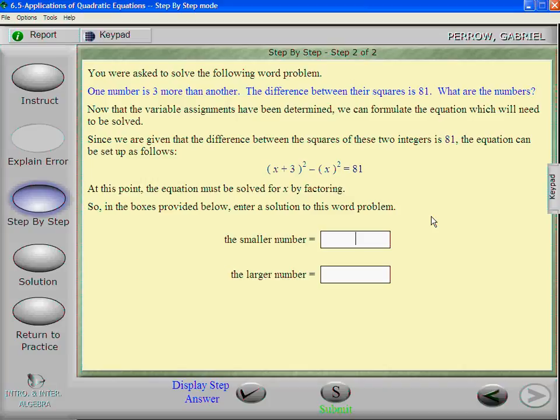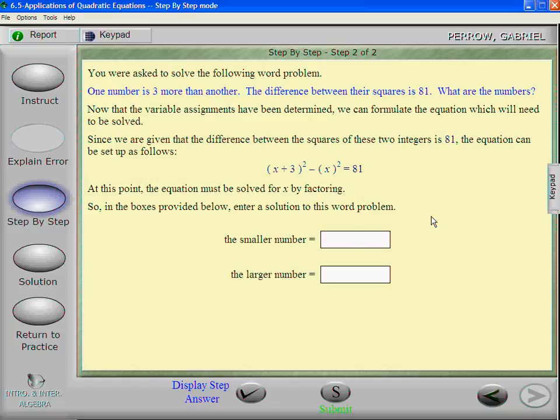But what I can describe is that you can take x plus 3 and multiply it with itself. I'm doing this on paper right now while I'm talking to you. And you have take away x squared equals 81.